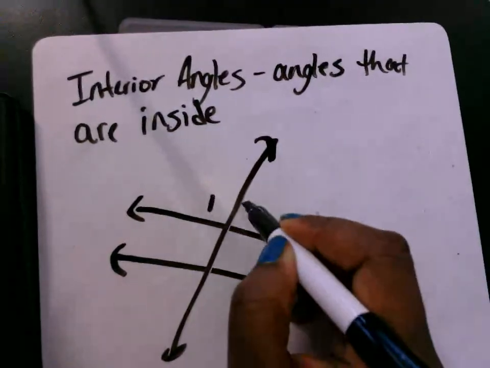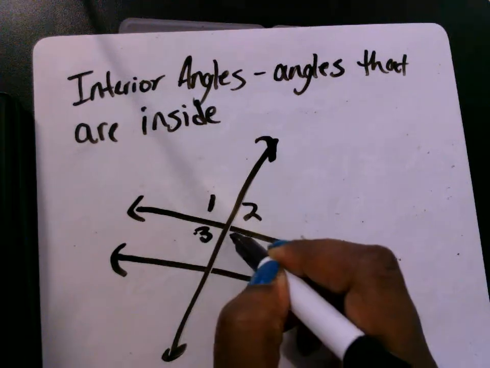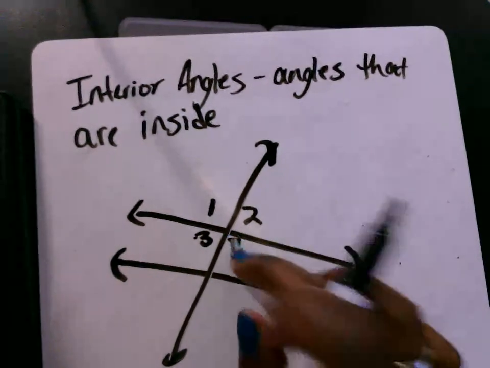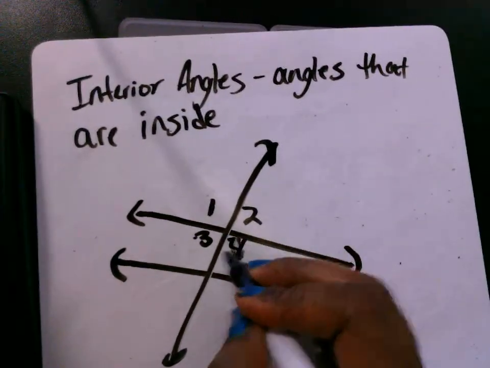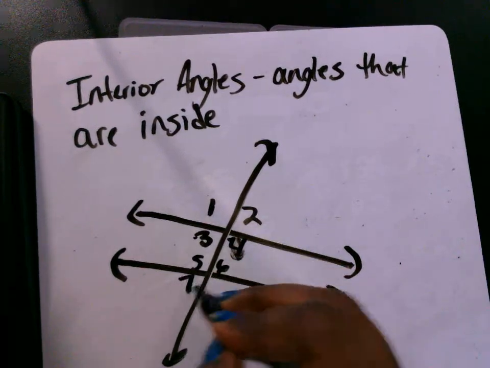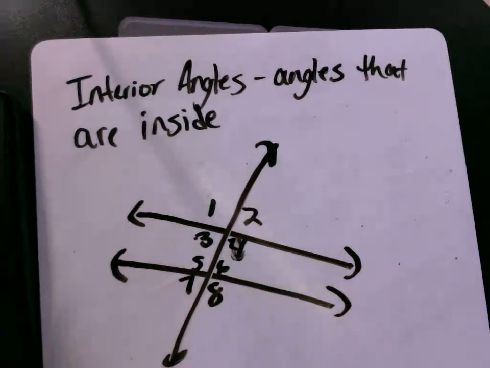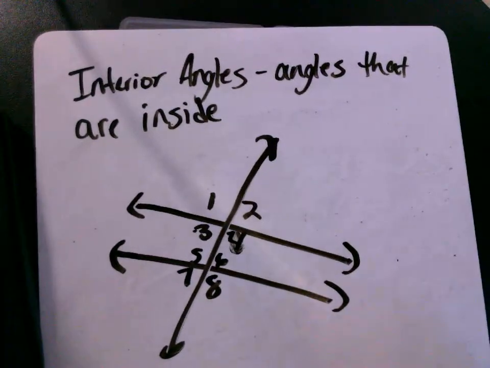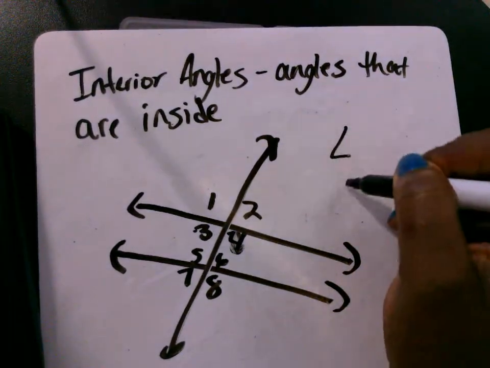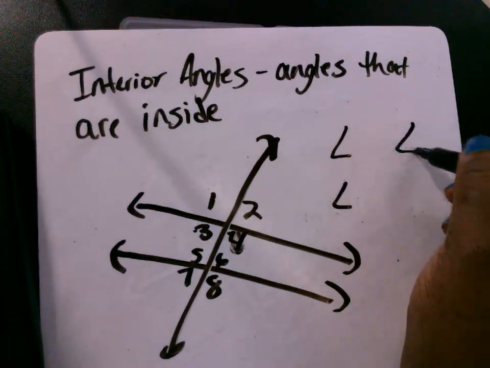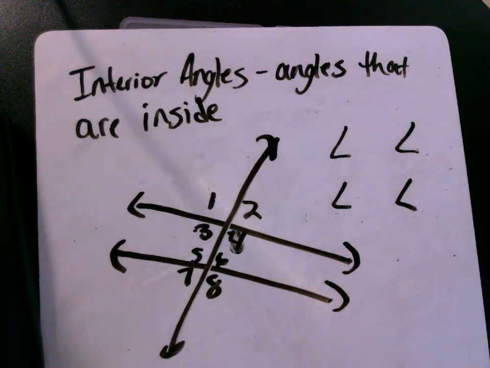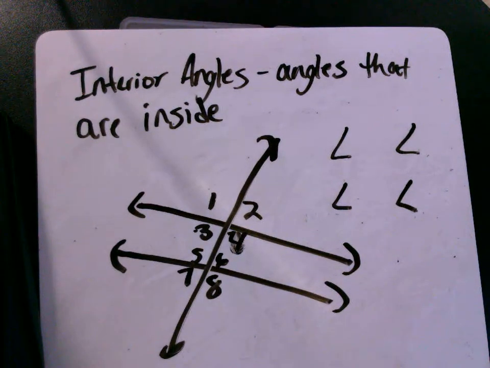This is angle 1, 2, 3, 4, 5, 6, 7, and 8. Let's list the angles that are interior.